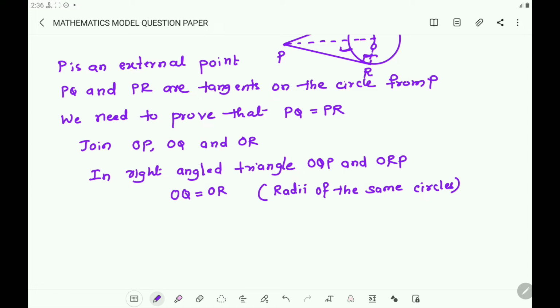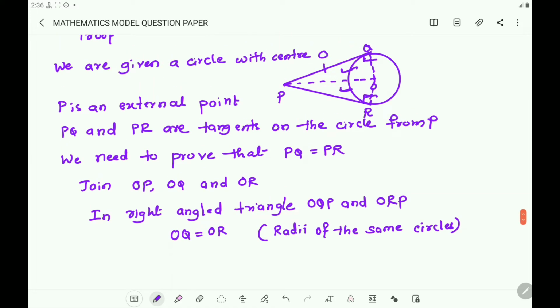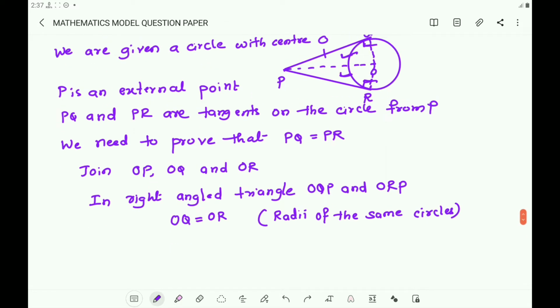And also OP equals OP. Here you observe, this is OP. OP is the common side. Triangle OQP and triangle ORP have the common side OP. Therefore, you can write OP equals OP. Write the reason: common.